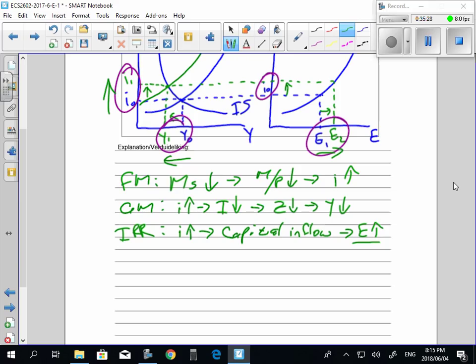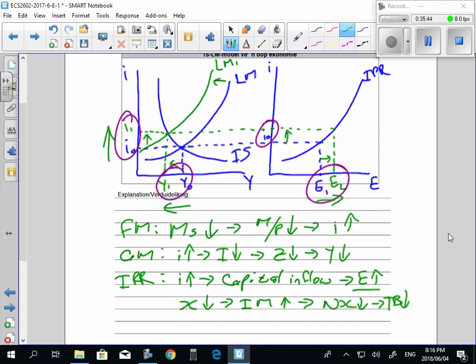So because the rand has appreciated, exports are going to decrease, imports will increase, net exports or trade balance deteriorates. And now you've explained all those movements as well as the movement on our trade balance.